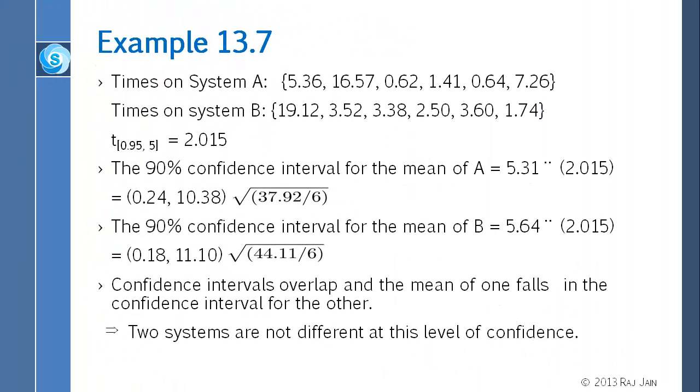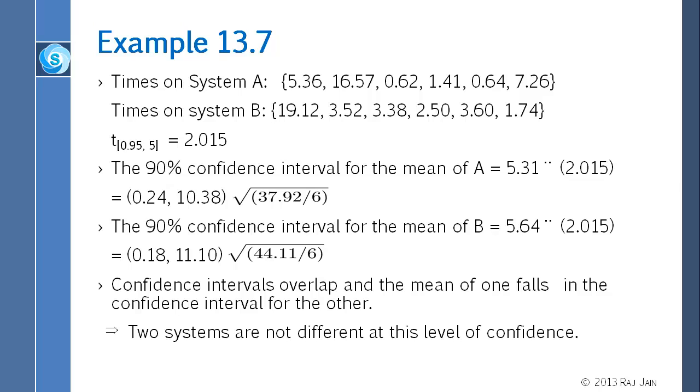So here is an example. We take the same numbers as we had before, and so we come out with the confidence interval for the mean of A and the confidence interval for the mean of B, and now we look at these two intervals. The lowest here is 0.18 and the lowest here is 0.24.